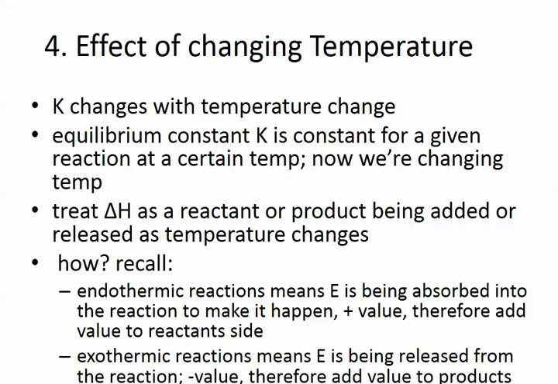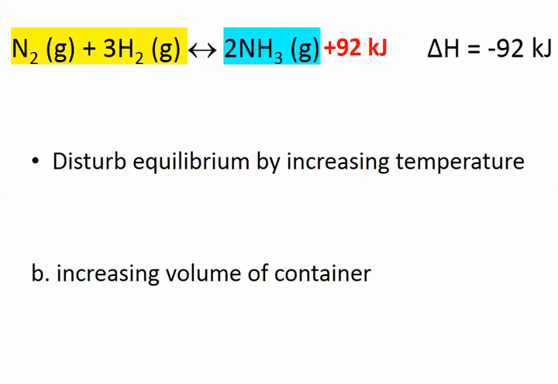So let's take a look at an example. So we have our ammonia reaction. We were given that delta H is negative 92. Since it's a negative 92, we know it's an exothermic reaction and energy is going to be released. Because of that, we're putting the plus 92 on the product side.